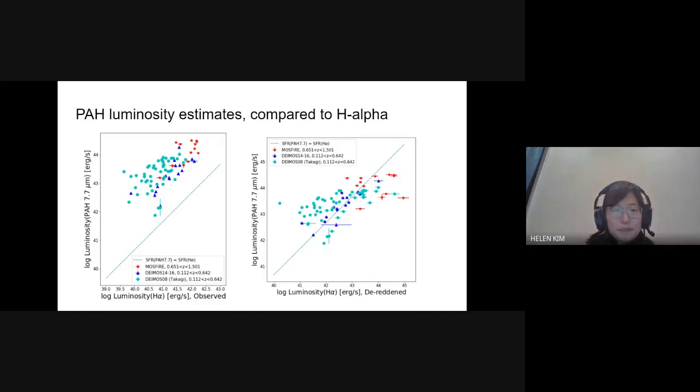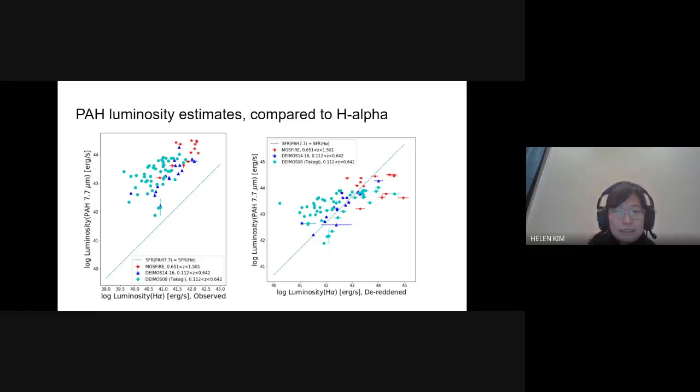And our sample here includes the DEIMOS data that had measurements from AKARI at the S11 filter. So this would correspond to redshift of 0.5, as well as the higher redshift MOSFIRE sample with photometric detections in the L15 filter.